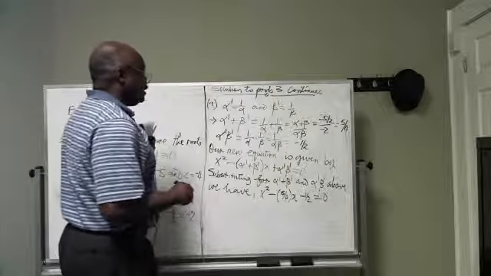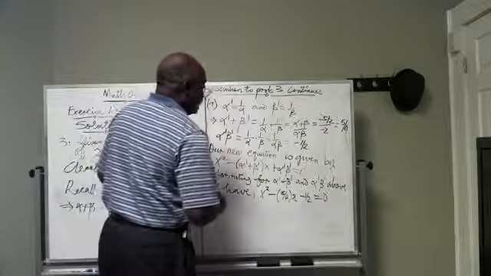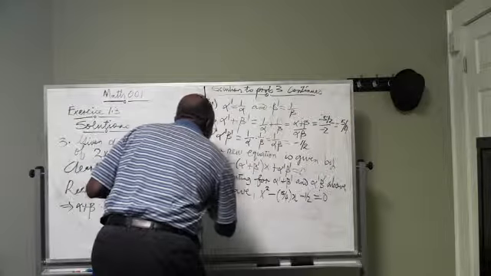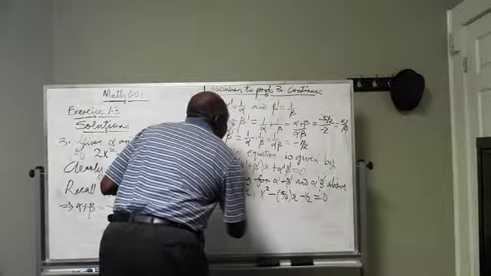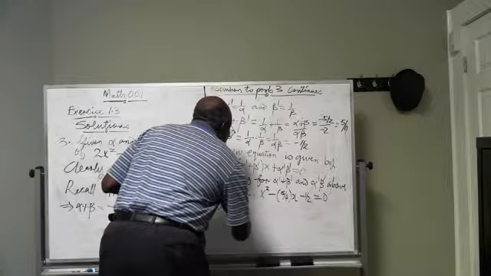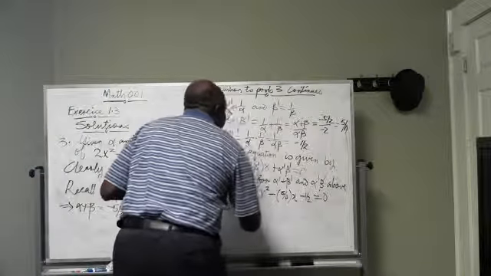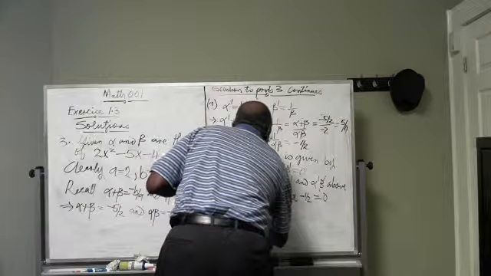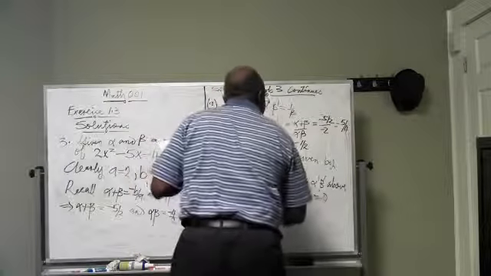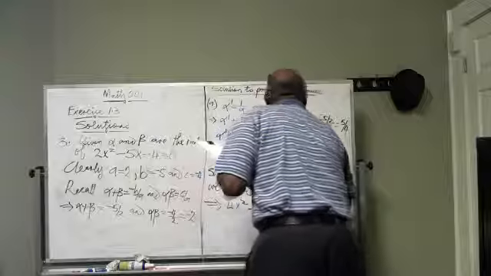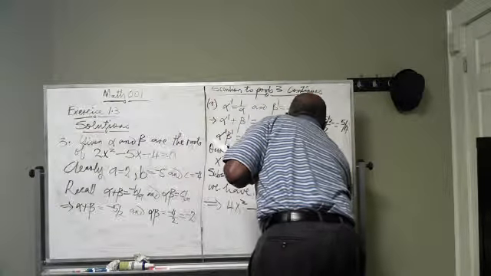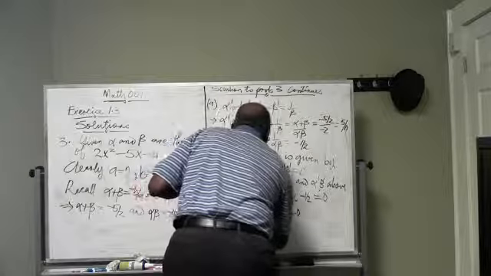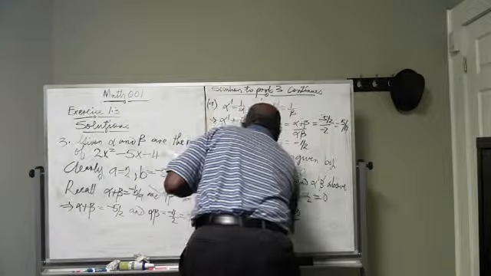Upon simplifying, we have 4x squared minus 5x minus 2 equals 0. And that is our new equation.